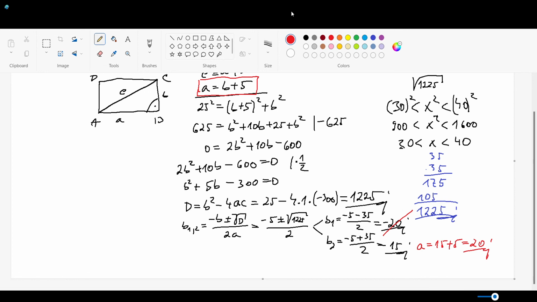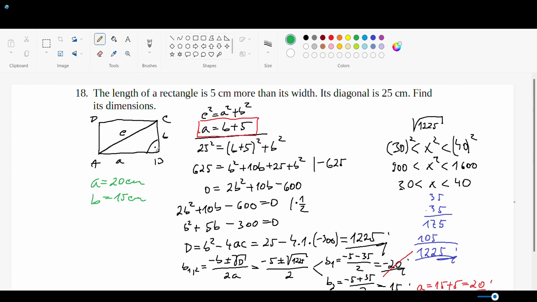So the conclusion: side a is equal to 20 centimeters and side b is equal to 15 centimeters, which fits the assignment, because a is 5 centimeters longer than b.